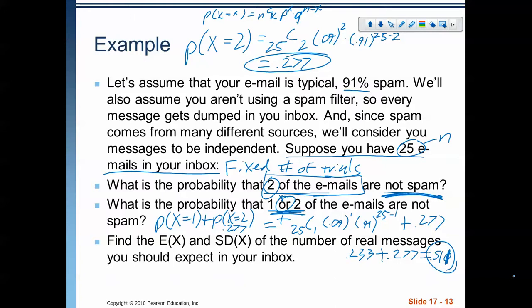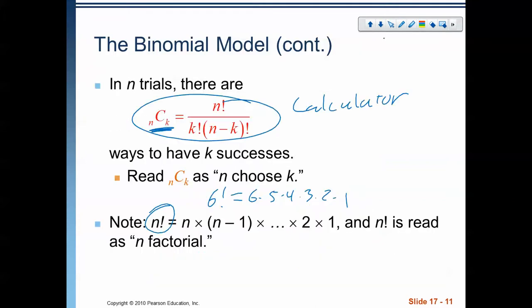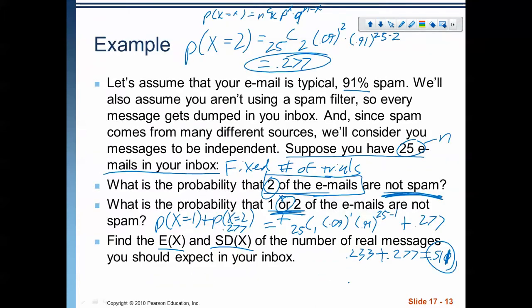Finally, the last question, find the expected value and the standard deviation of the number of real messages you should expect in your inbox. So let's just look at the formulas for that again. Expected value is n times p. Standard deviation is the square root of npq. Excuse me, the mean is n times p.